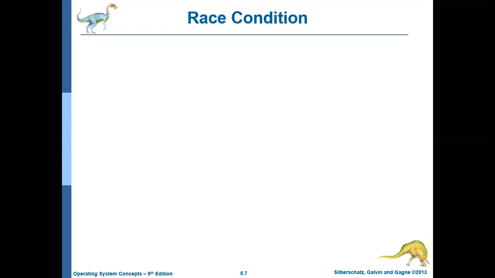We are discussing process synchronization. In the last lecture, we discussed that if multiple processes are allowed to access a shared data variable concurrently, it will lead to a problem called data inconsistency.